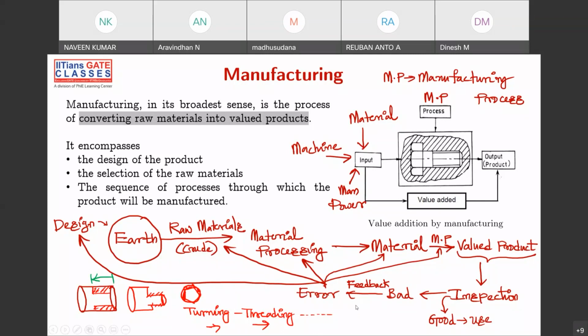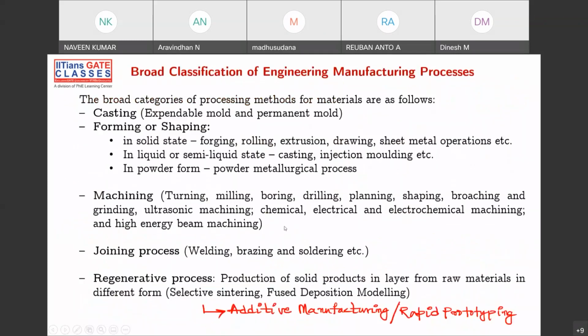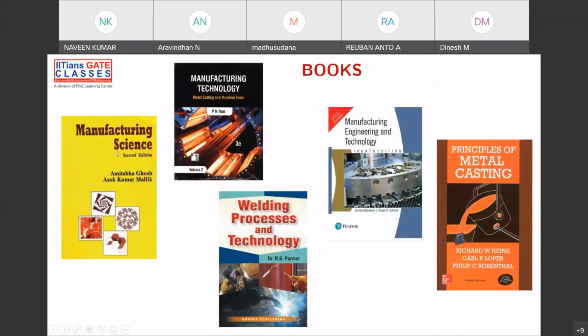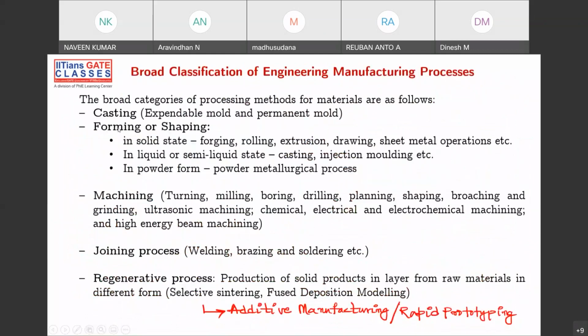This routing is very important in the manufacturing process. Let's discuss this after some while, but as of now, this is an introduction to manufacturing. All these things we know; the syllabus itself has been replicated here: casting, forming, shaping, machining, and so on.